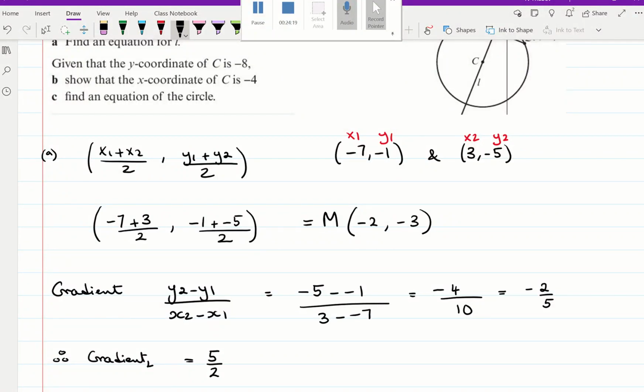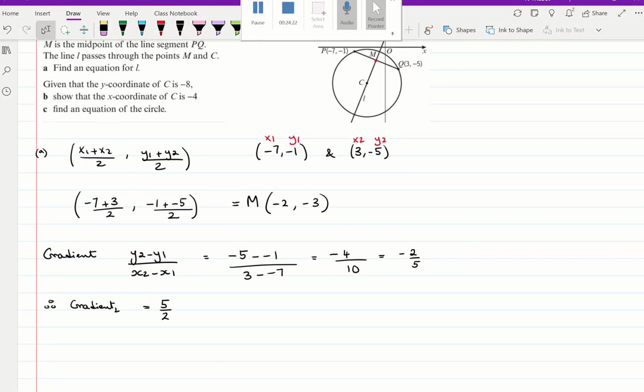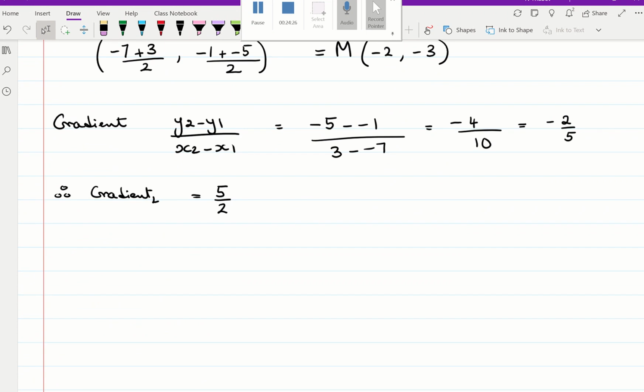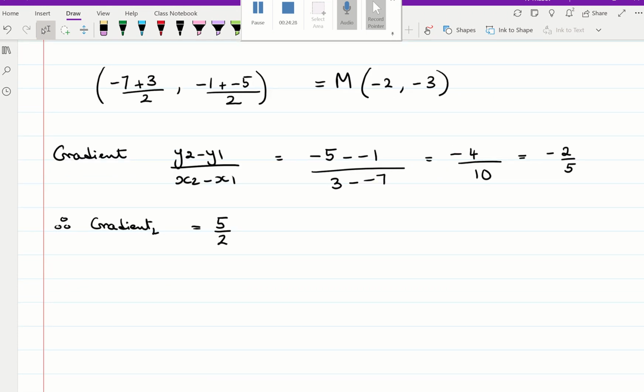And now that I have the gradient and the coordinate that the line passes through, I can find the equation of the line. So for this section, this is x1, y1, and I'm going to use y minus y1 equals m brackets x minus x1.